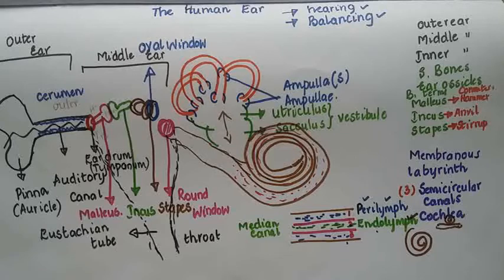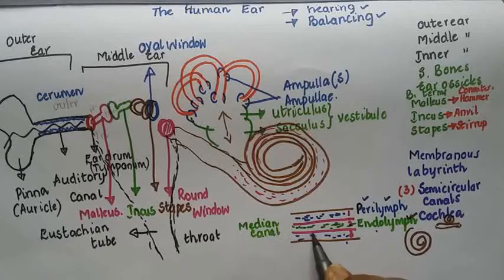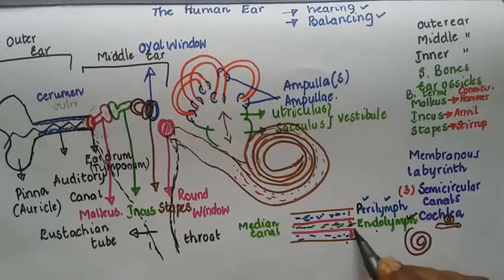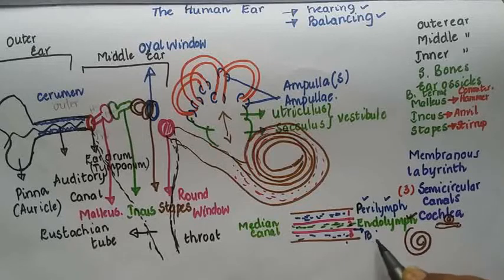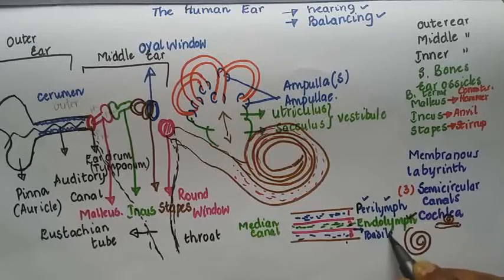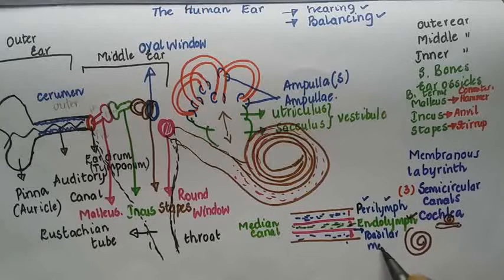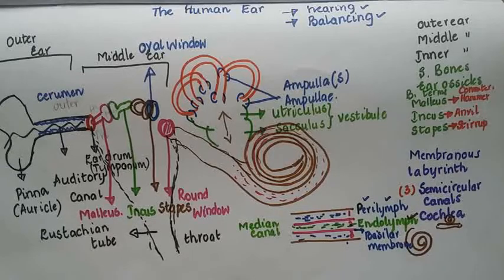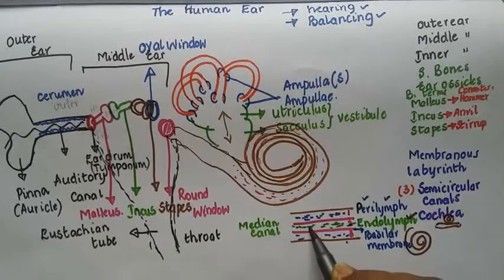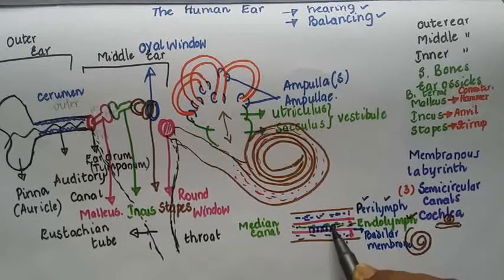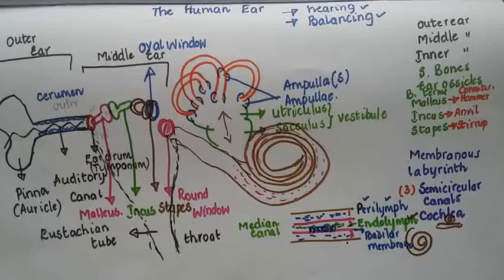On the basilar membrane of the median canal, the membrane found at the base, which we name the basilar membrane, we find specialized sensory cells, which are nothing but the receptors.